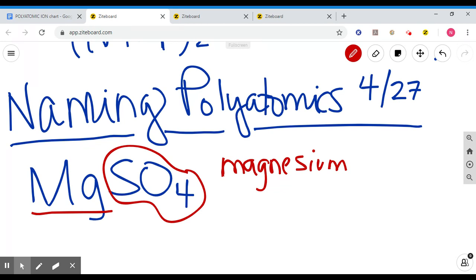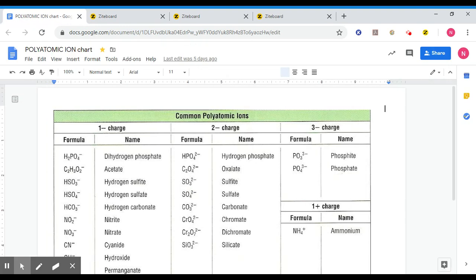Okay. So the leftover is SO4. All right. Is this a poly or is this a mono? Well, there's more than one capital letter. So this is poly. So you would go to your polyatomic ion chart and you'd look for SO4. All right, so I'm going to my poly chart, trying to find SO4, and SO4 is right here.